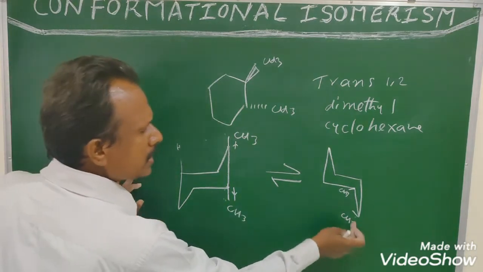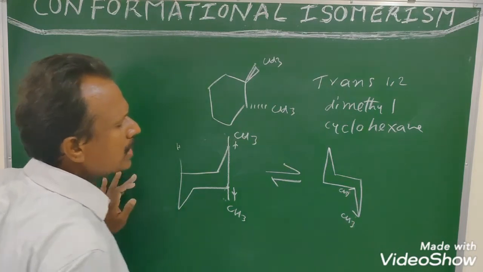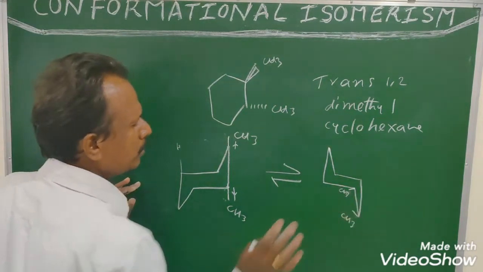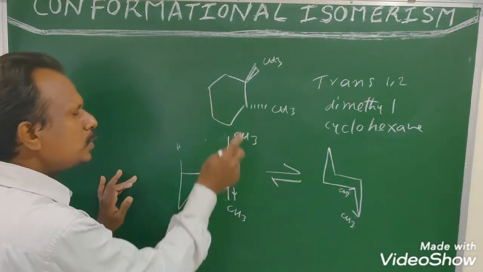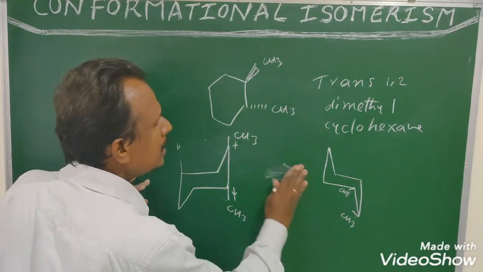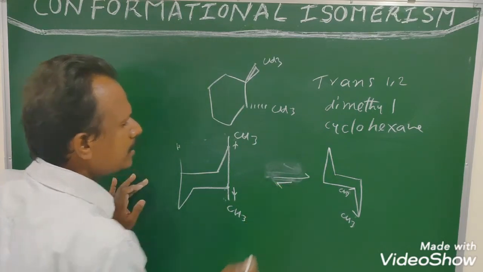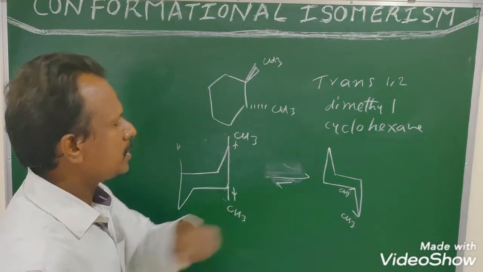In the equatorial conformation, there are no such repulsions, so it is more stable. So of these two chair conformations, one is less stable and one is more stable. That means the majority of molecules exist in this chair conformation.